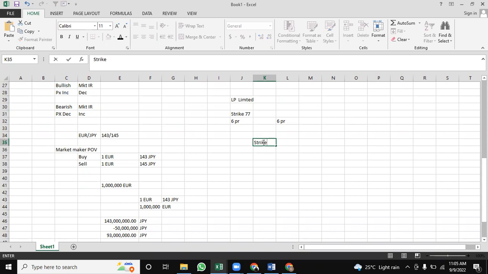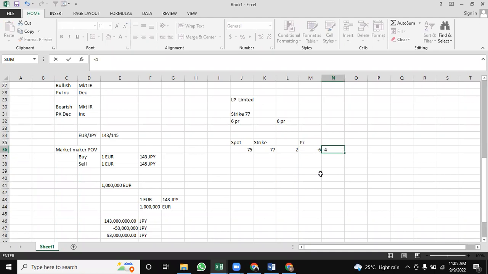Strike is 77. He's paying a premium, so that will be 6, right? And let's say the spot is 75, so he makes a profit of 2 in this case, pays a premium, so his loss is -4 here, right?